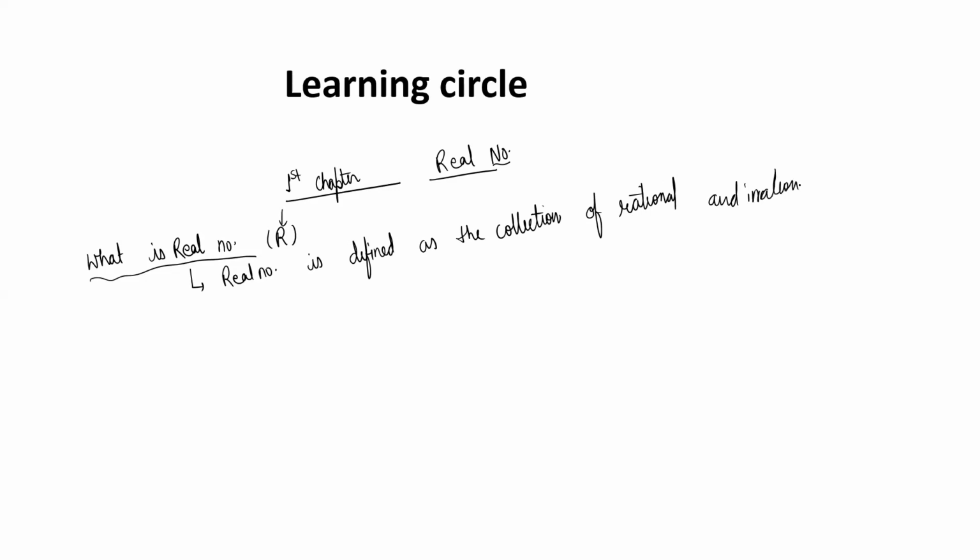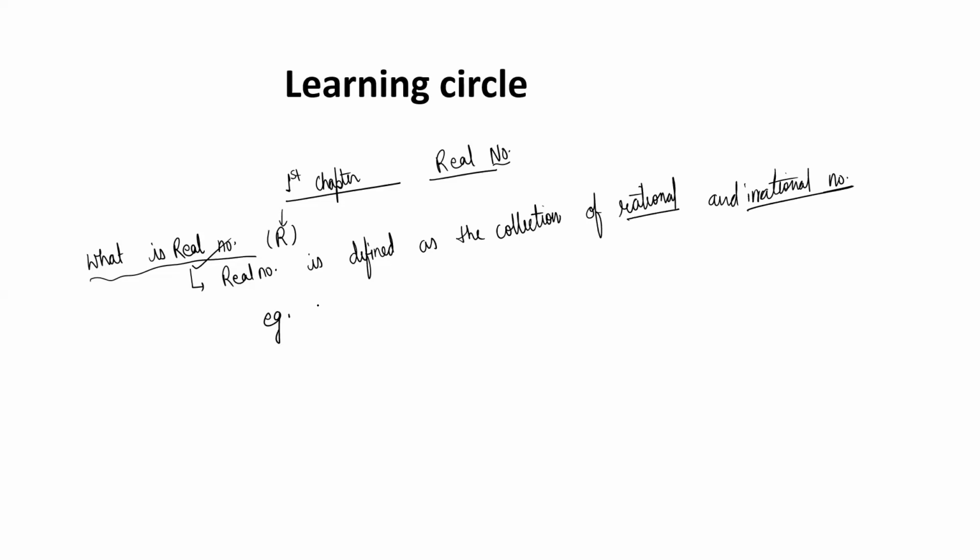It simply means that a set of rational and irrational numbers is called a real number. Example, if someone asks me what is a real number, then I will say either it should be rational or irrational.